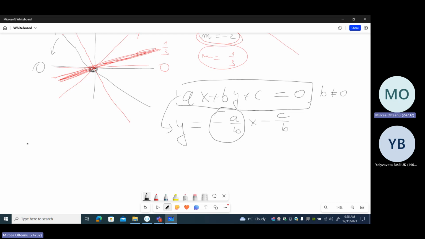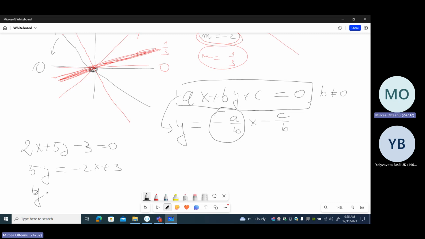For example, if we have the equation 2x plus 5y minus 3 equals 0, to find the slope of this straight line, we take off y. So we explicit y in terms of x. That means this.